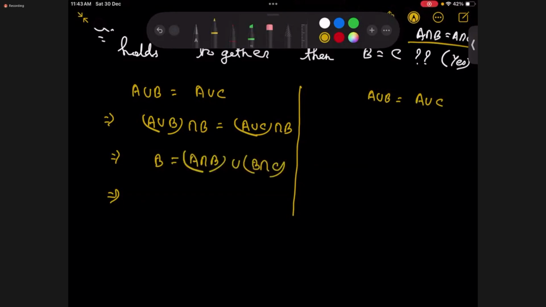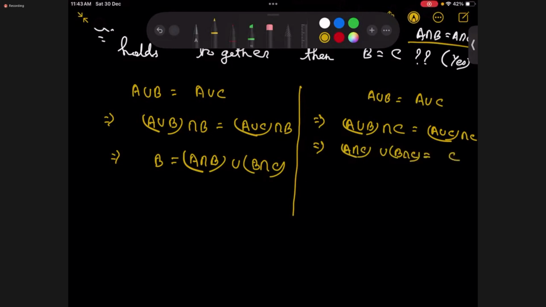Okay. In a similar way, we can take intersection with C. Now, what will this be? A intersection C union B intersection C. And this side is C, by the previous logic.